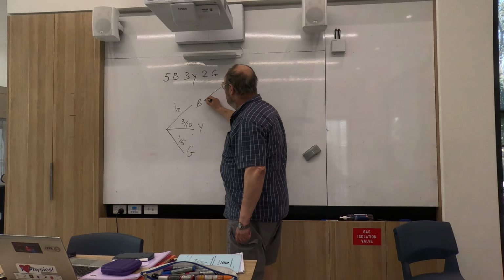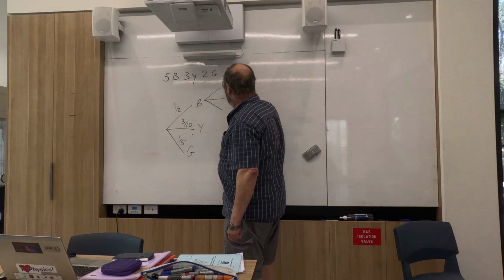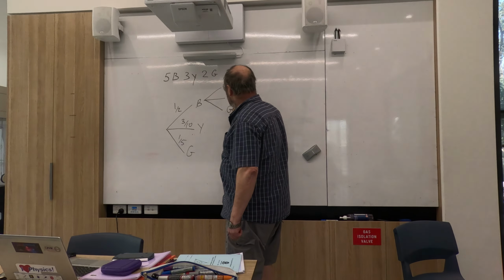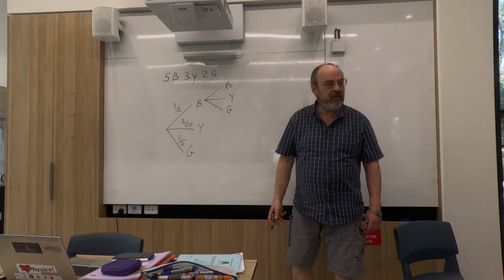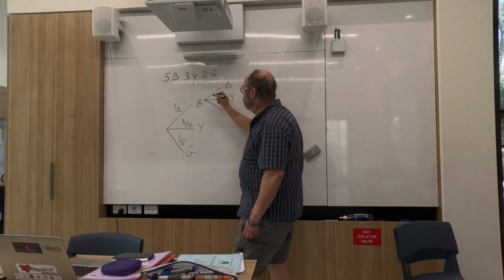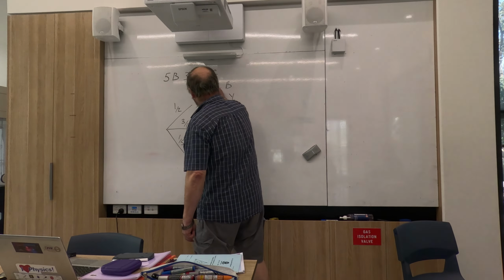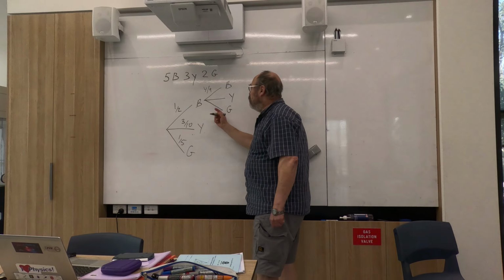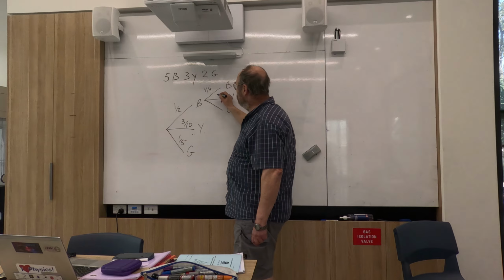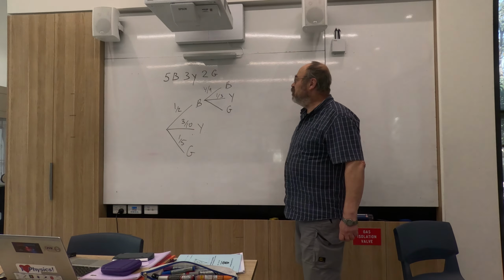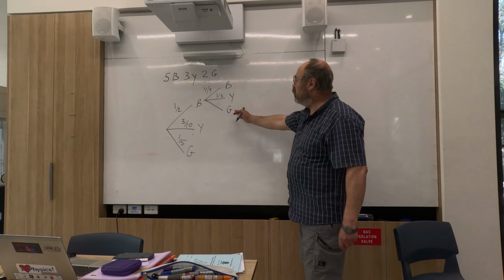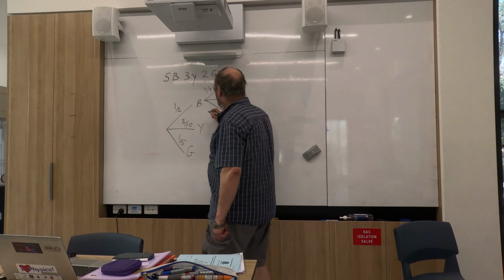Then again blue, yellow, green. The probability of getting blue: we have only 4 blue left, so 4 out of 9. Yellow, we still have 3 out of 9, which is 1/3. Green, we have 2 out of 9.